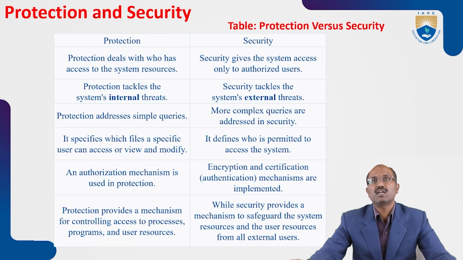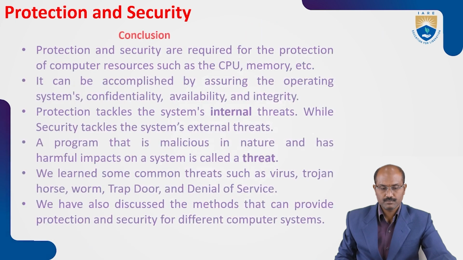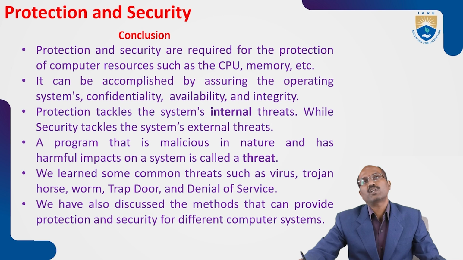That safeguard mechanism for system resources is security. Finally, we discussed the various protection mechanisms and security mechanisms, which are required to keep computer resources such as CPU and memory safe. It can be accomplished by assuring the operating system's confidentiality, availability and integrity.